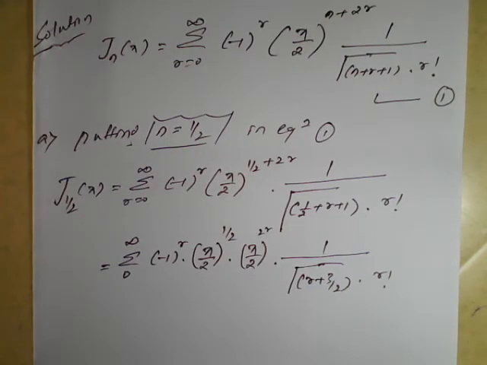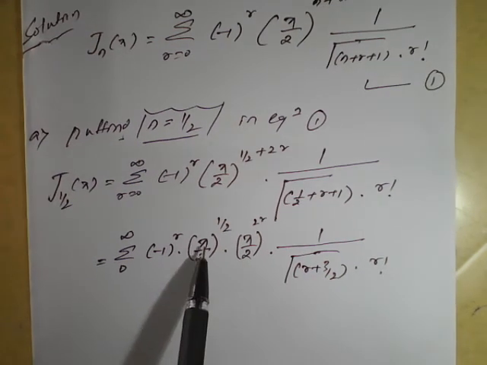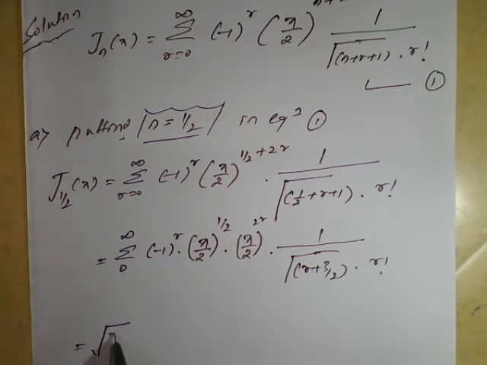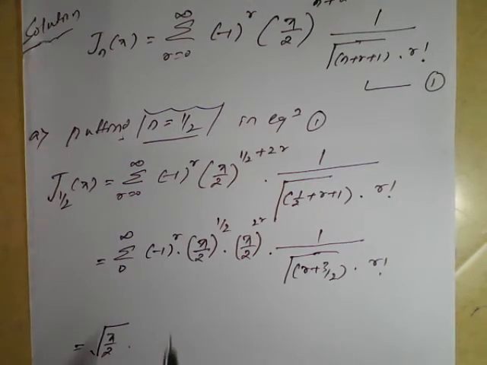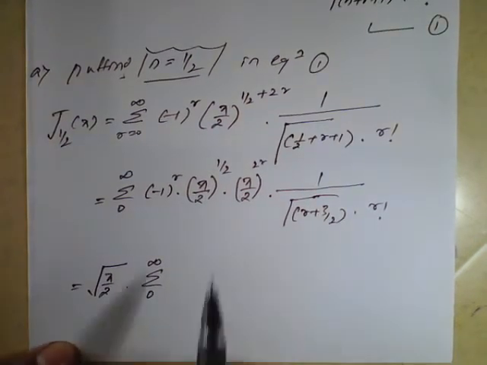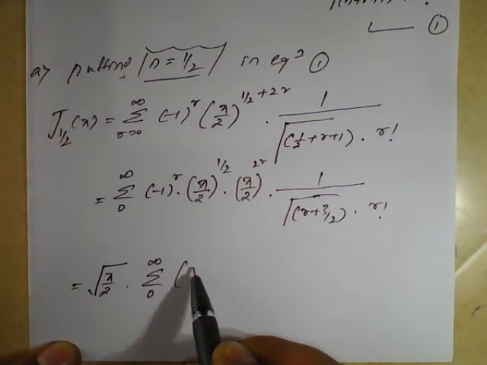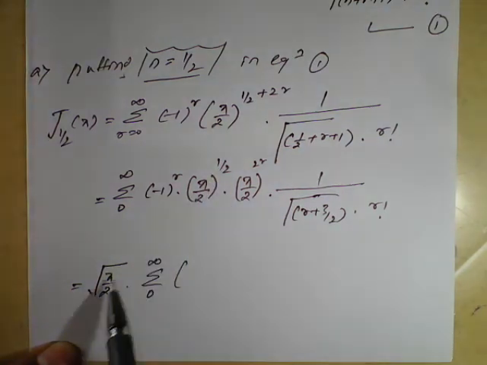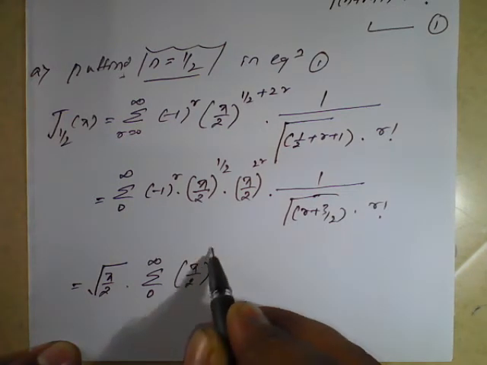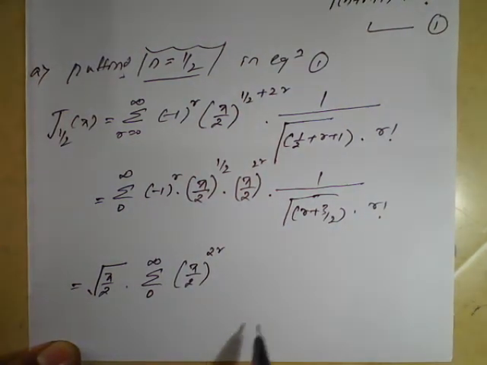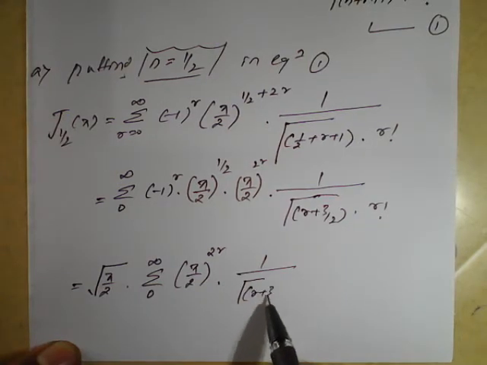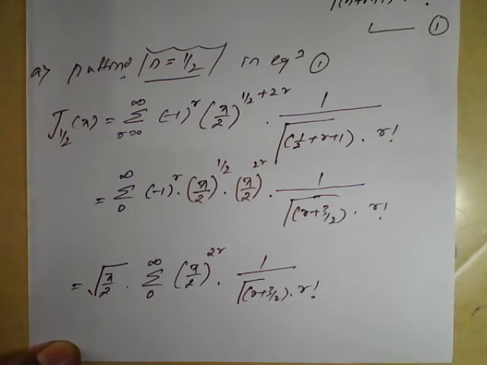Next, further simplification: we can write x upon 2 raised to 1 by 2 as square root of x upon 2, then summation r from 0 to infinity, x upon 2 raised to 2r as it is, and the remaining part here also, 1 upon gamma of r plus 3 by 2 into r factorial.